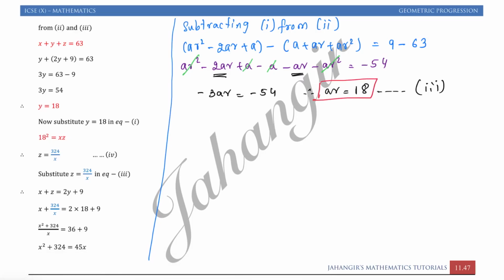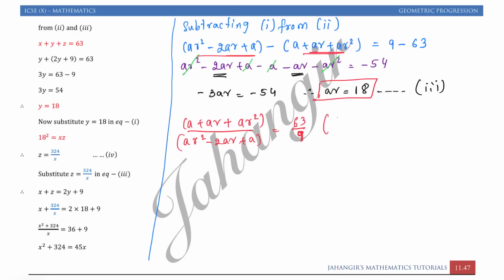Now what we will do is divide the second equation by the first equation. This is my second equation, this is my first equation, let us divide. So we will write A plus AR, because 63 is greater, so I will keep that equation first. First equation in the numerator, and second is AR square minus 2AR plus A, that is equal to 63 upon 9.